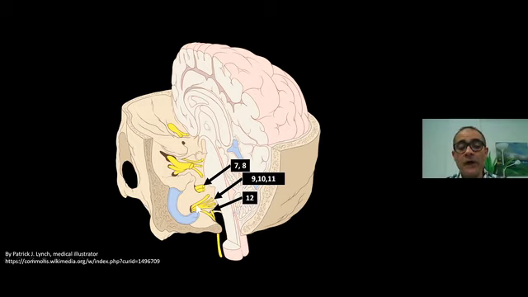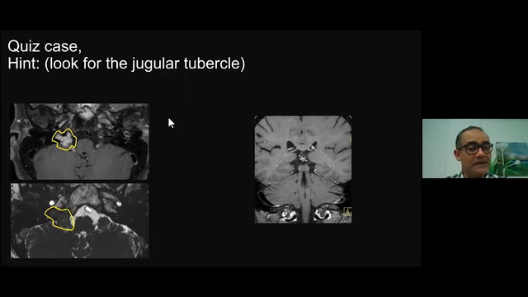The other clue is the proximity of the jugular foramen to the venous structures, the jugular and sigmoid. Once you see the jugular vein, you know that the jugular foramen is very close. It will actually be hitting the vein, and we'll see that in a second.